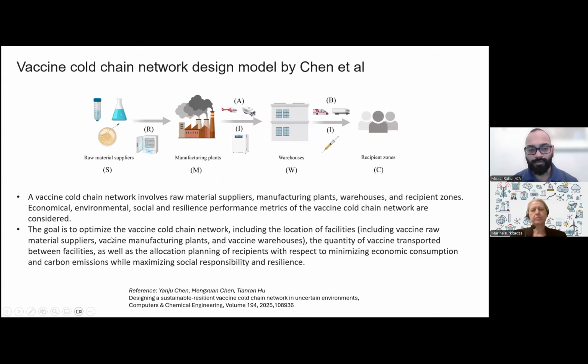The goal was to optimize this whole network, including the location of facilities, including vaccine raw material suppliers, the plants, and the warehouses, the quantity of vaccine transported between the facilities, as well as allocation planning of recipients, with respect to minimizing economic consumption and carbon emission while maximizing social responsibility and resilience.